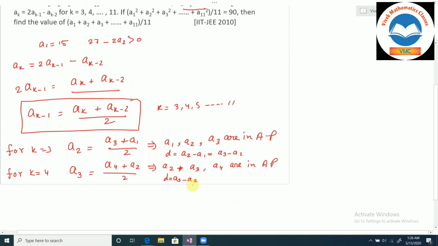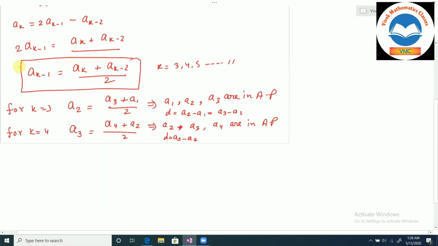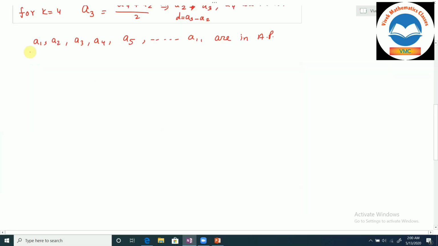Similarly, we can say all these terms, A1, A2, A3, A4, A5 up to A11, are in AP. If they are in AP, then we can apply the AP rules.